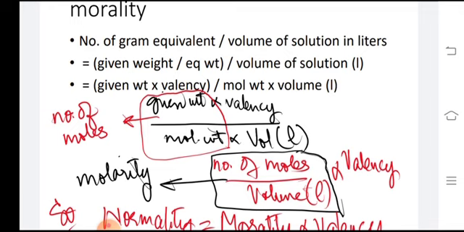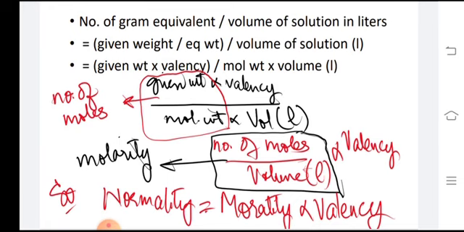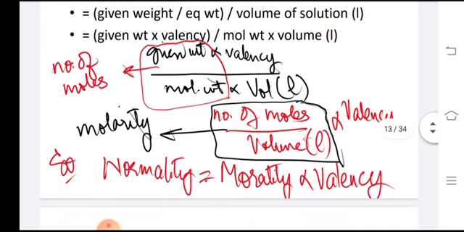Gram equivalent is the given weight divided by the equivalent weight, which can be incorporated here. And equivalent weight is equal to molecular weight divided by the valency. Fixing it in the equation, we can simplify it like this, and given weight over molecular weight gives us the number of moles. This number of moles divided by the volume of solution in liters gives us molarity.